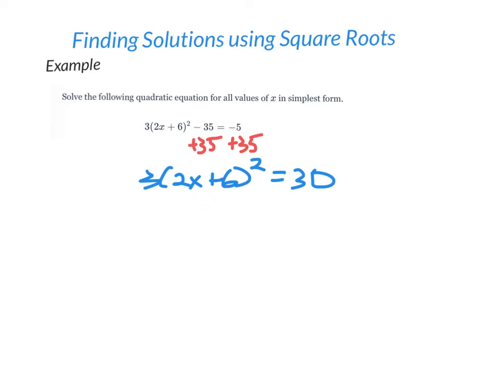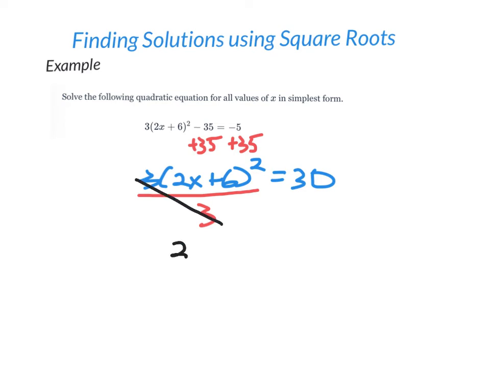Now, the reason we would do that: if you start with something and you multiply times 3 and then you divide by 3, you're right back to the something. So basically, if this is multiplied by 3 and then it's divided by 3, those 3's end up canceling each other out.